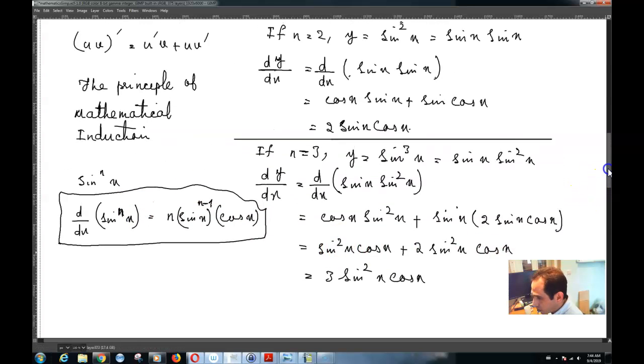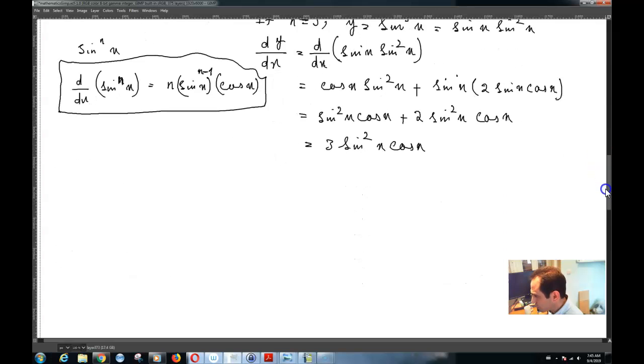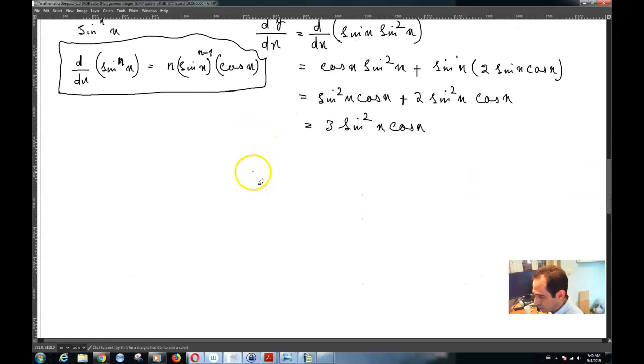So that way is called the principle of mathematical induction. What that means is that in the principle of mathematical induction, we show that some formula, for example, works for n is equal to 1.